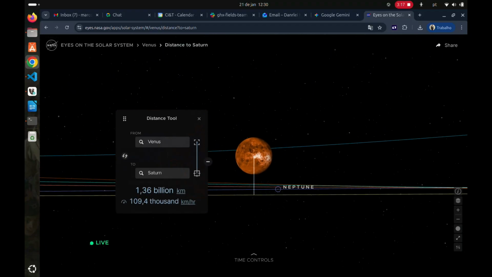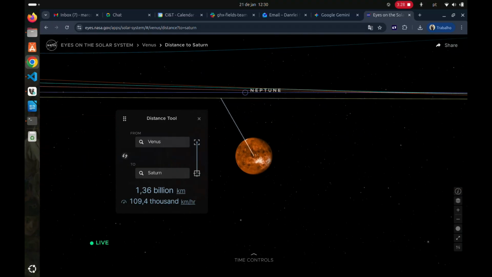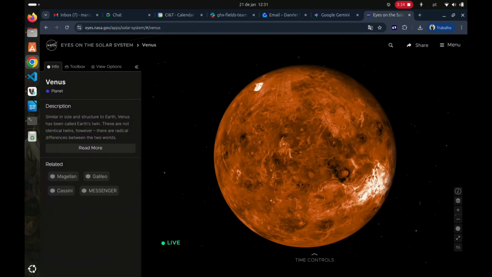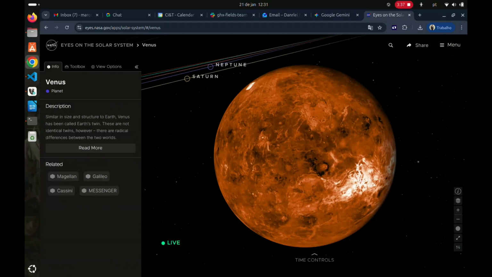Yeah, it's too far away from Venus. 1.36 billion kilometers. So the calculus must be very precise, because at this point we're going to use a telescope to illustrate what the calculus that the Cassini must do.